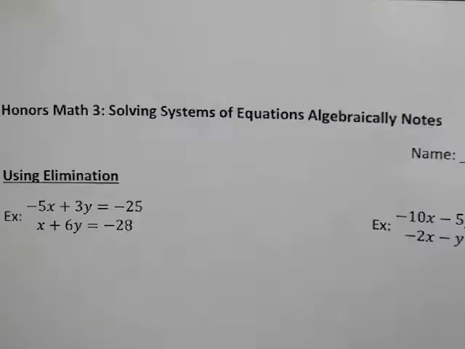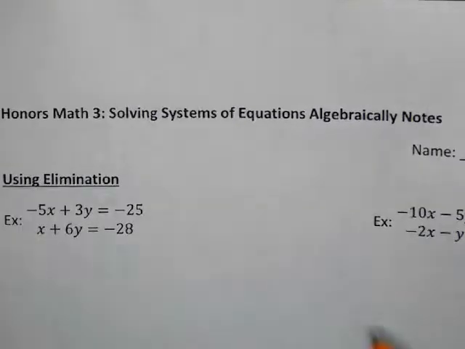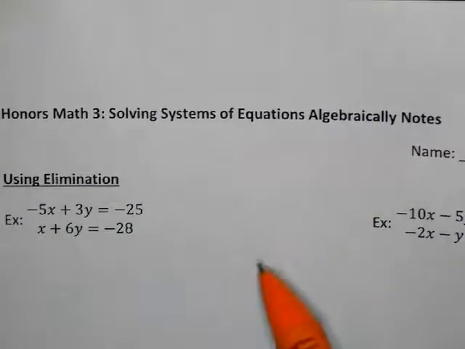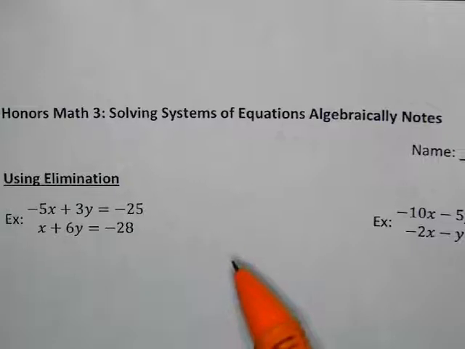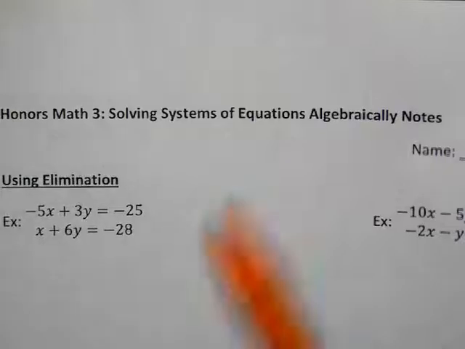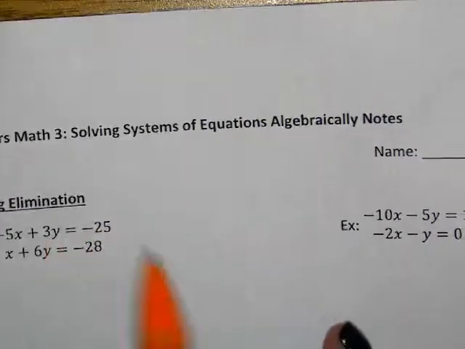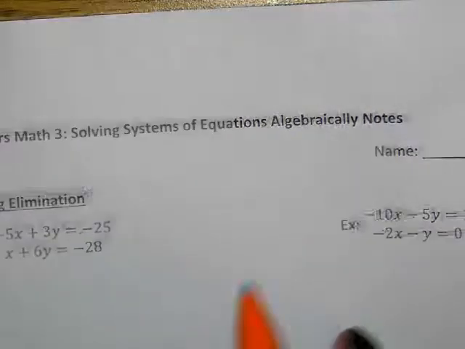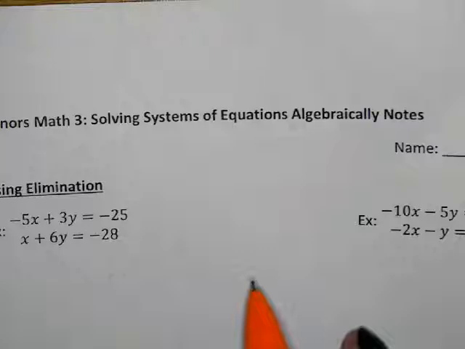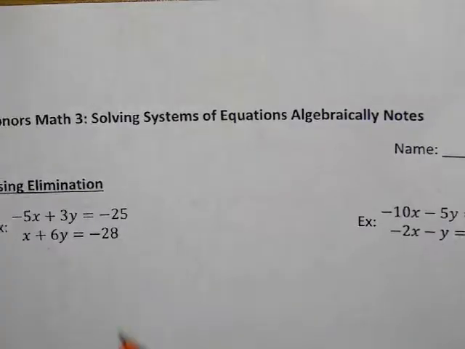Does anyone remember what a system of equations is? We have equations. Those are things written with equal signs in them. A system of equations, you can kind of tell by looking at your paper. Two equations, yeah.